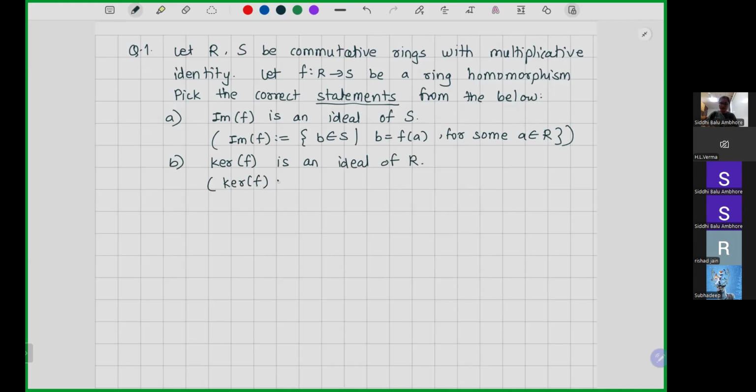Kernel F is all those elements A in R such that F of A is 0. This 0 is the 0 in my codomain ring S.